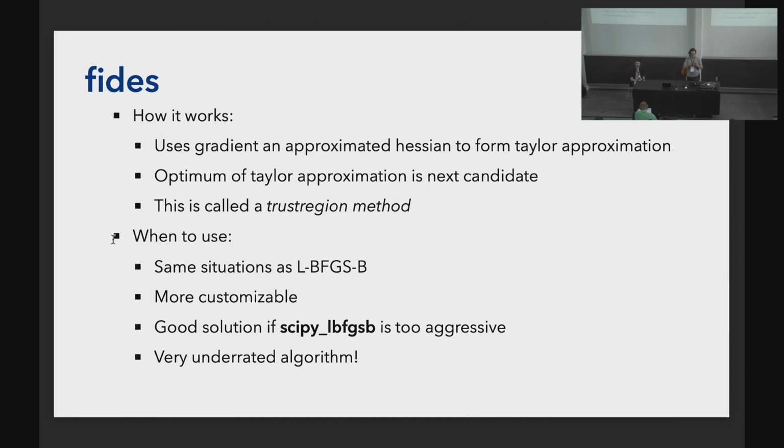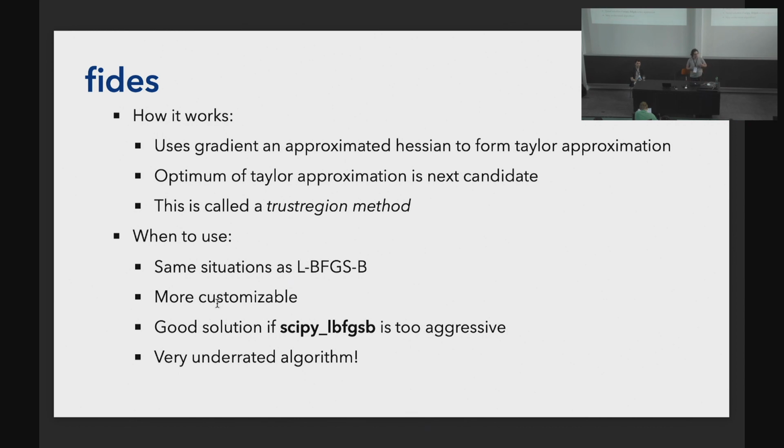Instead of a closed form formula followed by line search, it builds a Taylor approximation of the objective function, and then minimizes this approximation, which is much cheaper to minimize than an actual expensive criterion function. The solution of this so-called surrogate problem is then the next candidate at which the criterion function is evaluated.